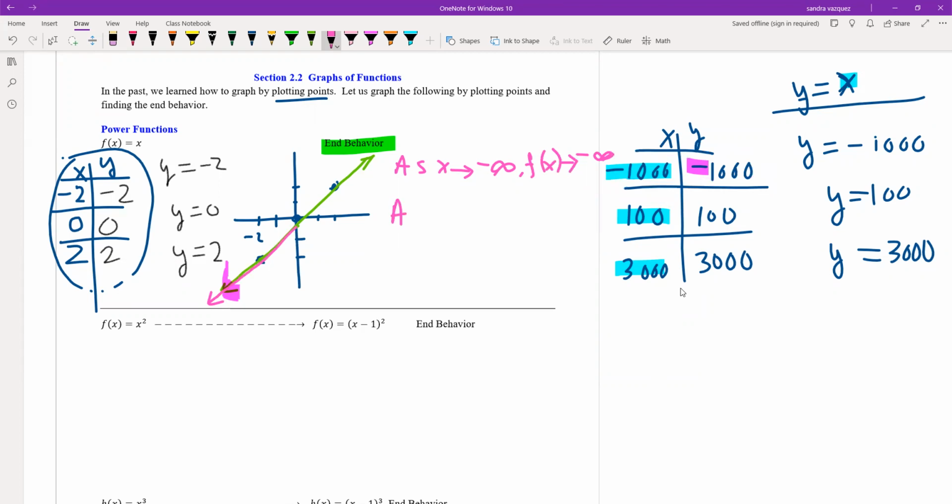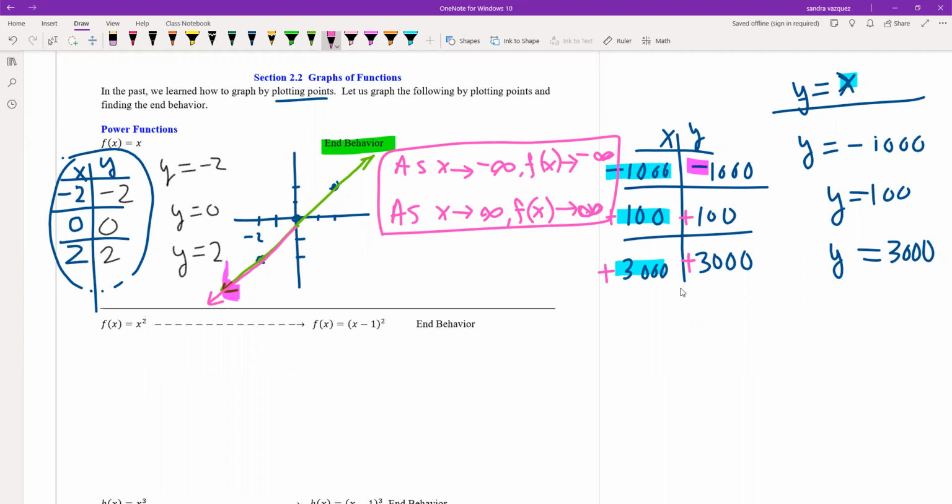Now, as I select very large positive values, like positive 100 and then positive 3,000, I can see that my y value is also a very large positive. So my y value, which is my function f of x, is also going in the positive direction. And this is what we call the end behavior. This is the exact way that we write it down.